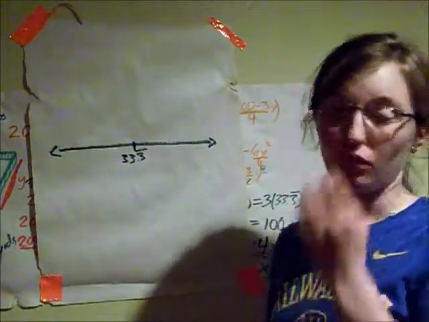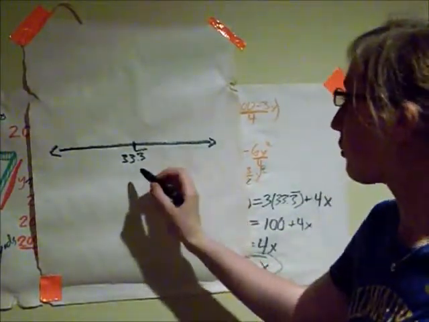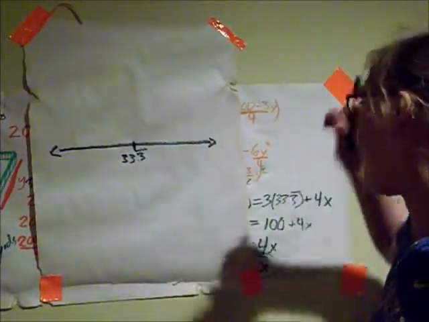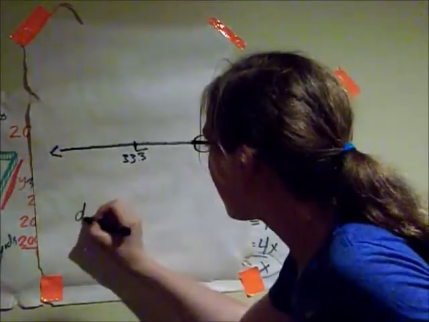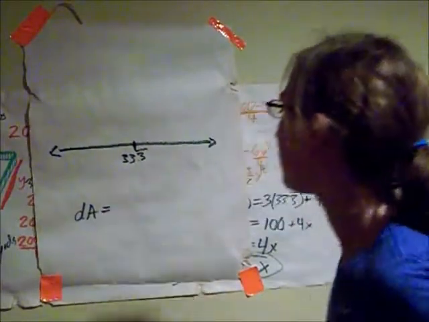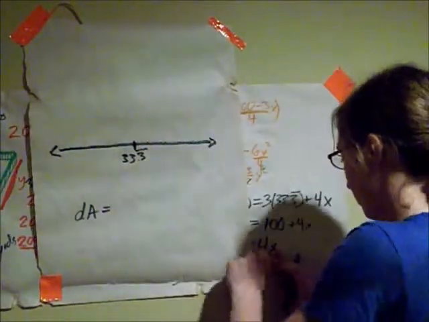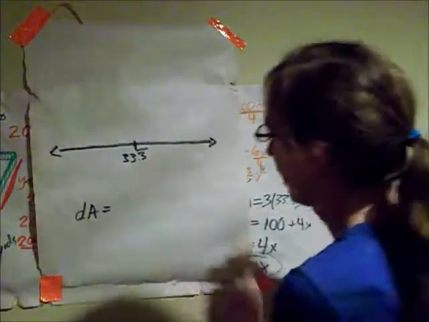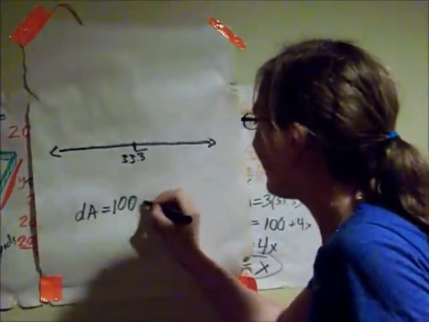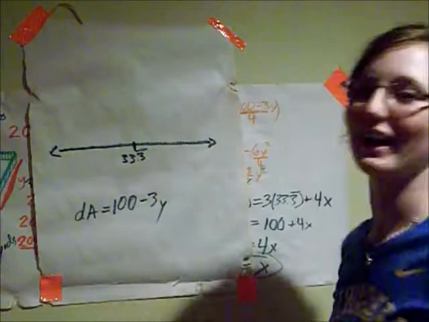So if we go back, we can determine if this is a maximum by using the derivative equation, which is A prime equals 100 minus 3y.